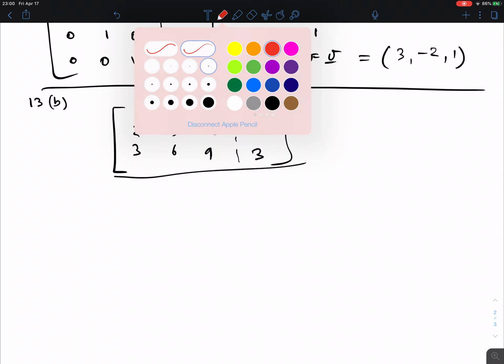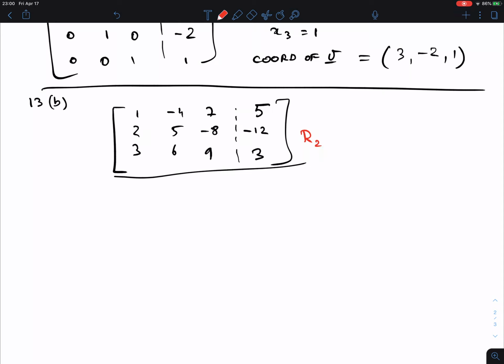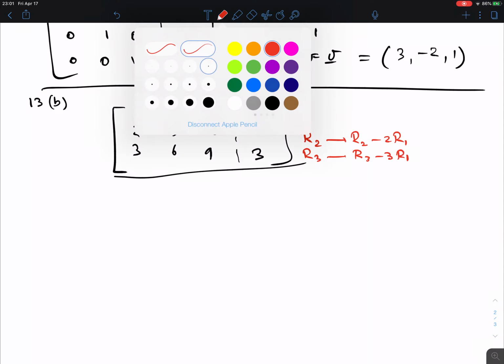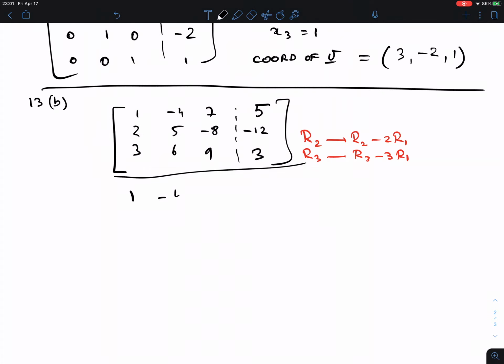Row operations, and I hope everybody sees why I'm doing this. I'm going to replace row 2 by row 2 minus 2 times row 1, and row 3 minus 3 times row 1. And this gives me 1, -4, 7, 5.